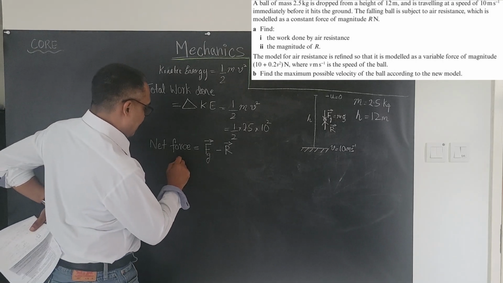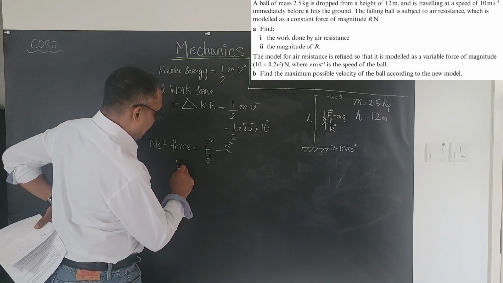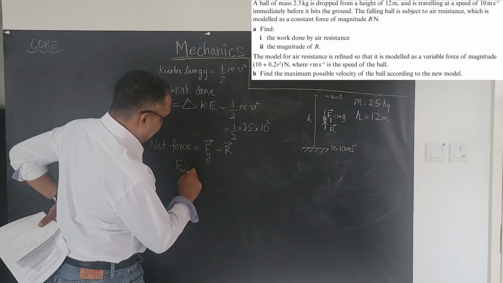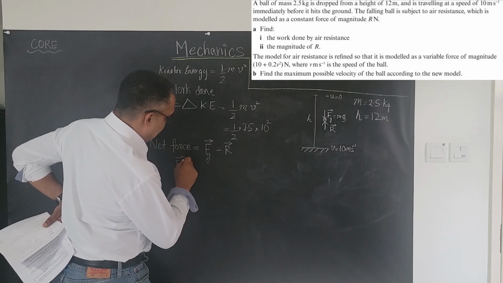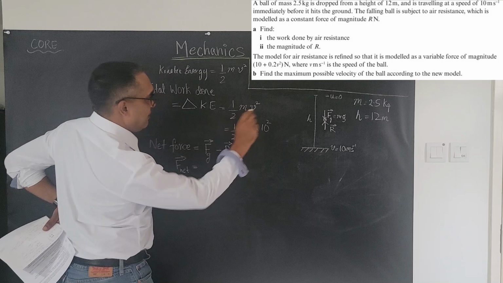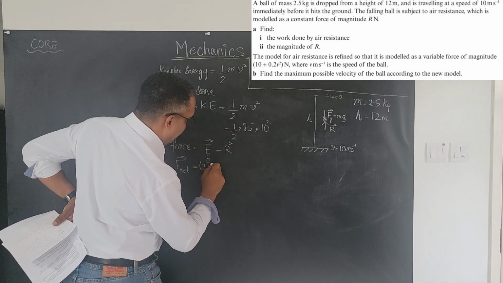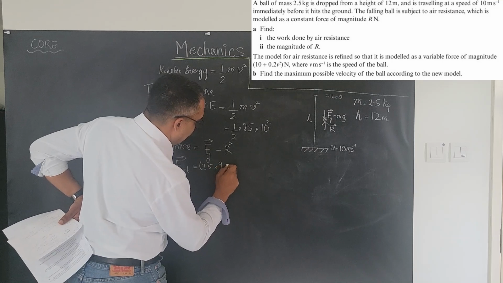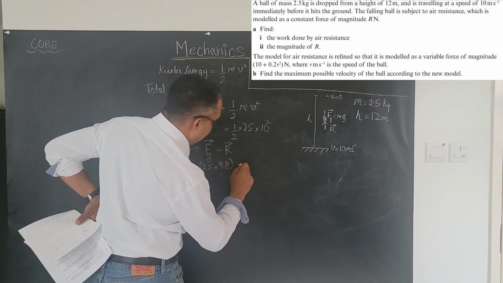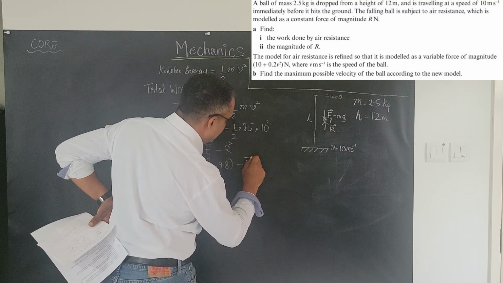So I'm going to call this F net. Force of gravity is 2.5 times 9.8 minus R.